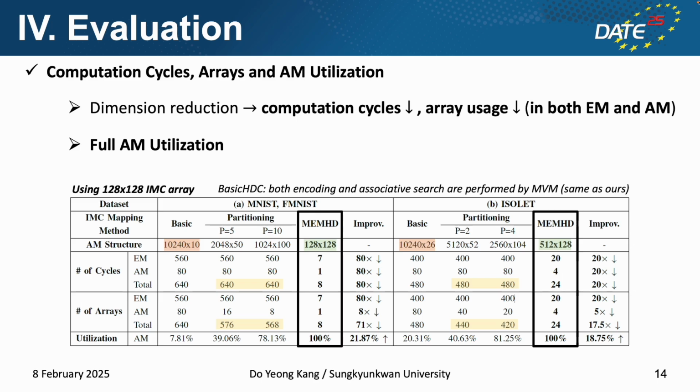When implementing with 128 by 128 IMC arrays, the significant dimension reduction leads to a substantial decrease in both computation cycles and array usage across both the encoding module and associative memory. And the partitioning method shows no benefit in computation cycles. Furthermore, although it reduces the number of arrays in associative memory, the overall array usage count remains relatively high due to the dominance of the encoding module.